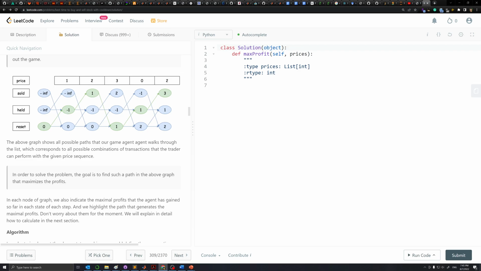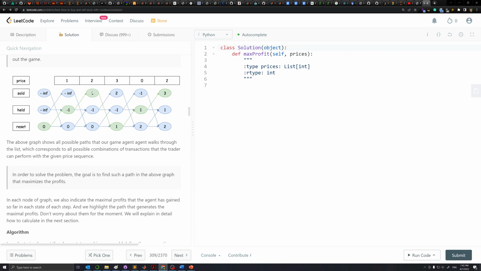The goal is to find such a path in the above graph that maximizes the profits. Okay, these mean the profits, right? So if we start at the state of zero, and we pay the price of one to hold this stock, we're at profit minus one. If we then sell it, we jump to plus one because now we have a gain and we cash out that stock. Now we're at a gain of one.